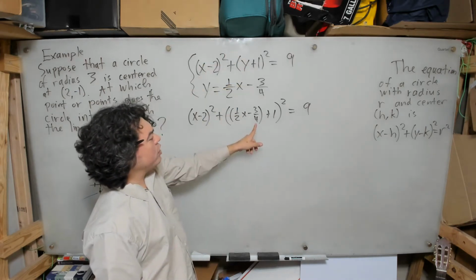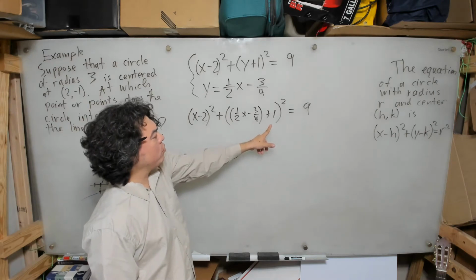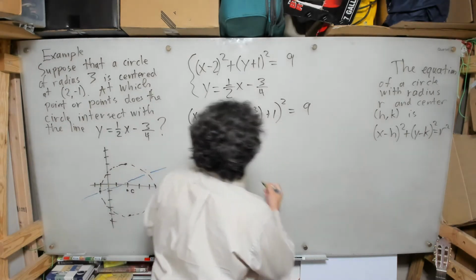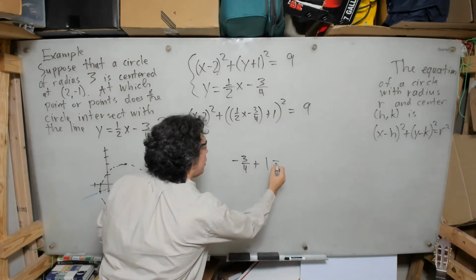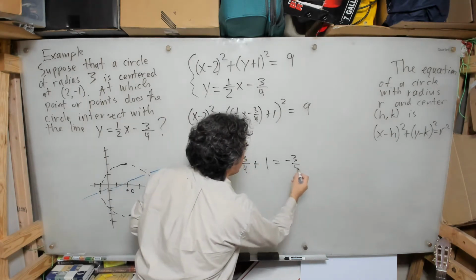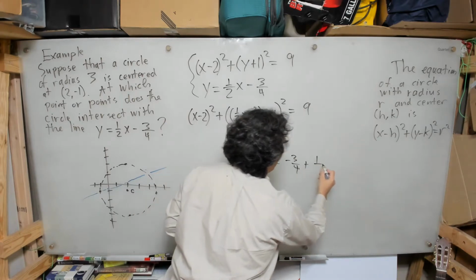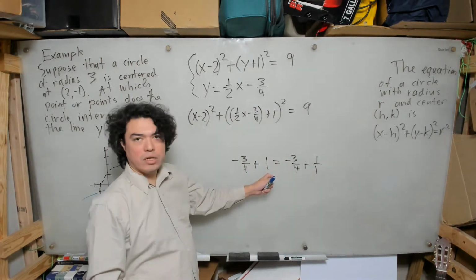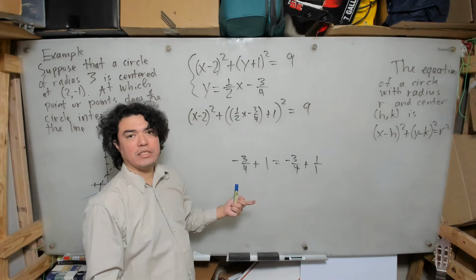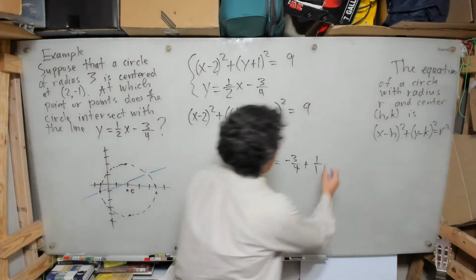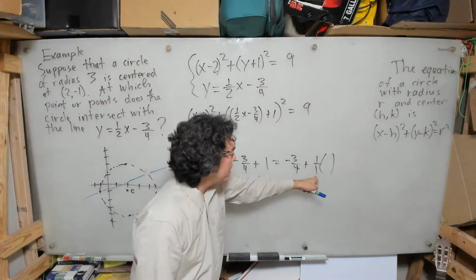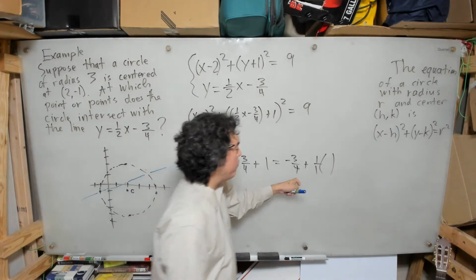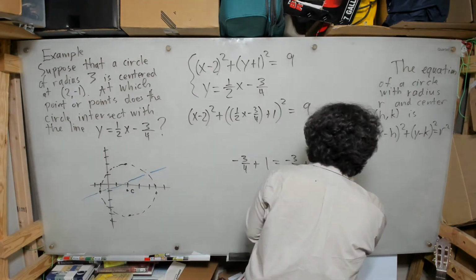So now I ask myself, what is negative 3/4 plus 1? Negative 3/4 plus 1 is equal to negative 3/4 plus 1 over 1, because I can represent the number 1 as a fraction by setting it as the numerator and 1 as the denominator. I want to add them, so I have to put them over the same denominator. If I multiply 1 times 4, I will get 4, so I'm going to multiply the top and bottom here by 4.